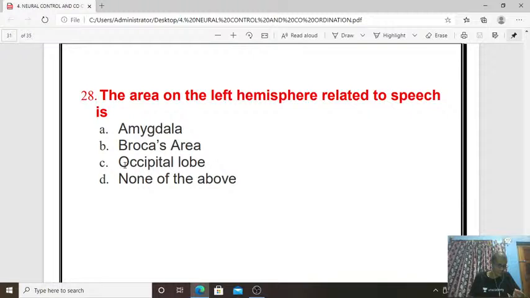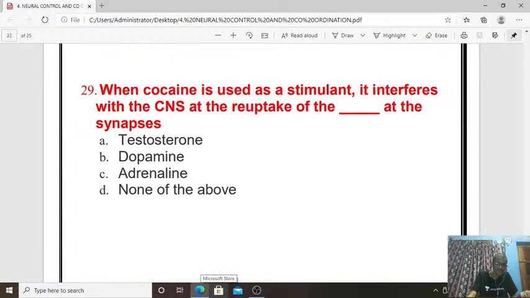For the purpose of speech, under 28 it is B, Broca's area. So B is the right answer for 28.